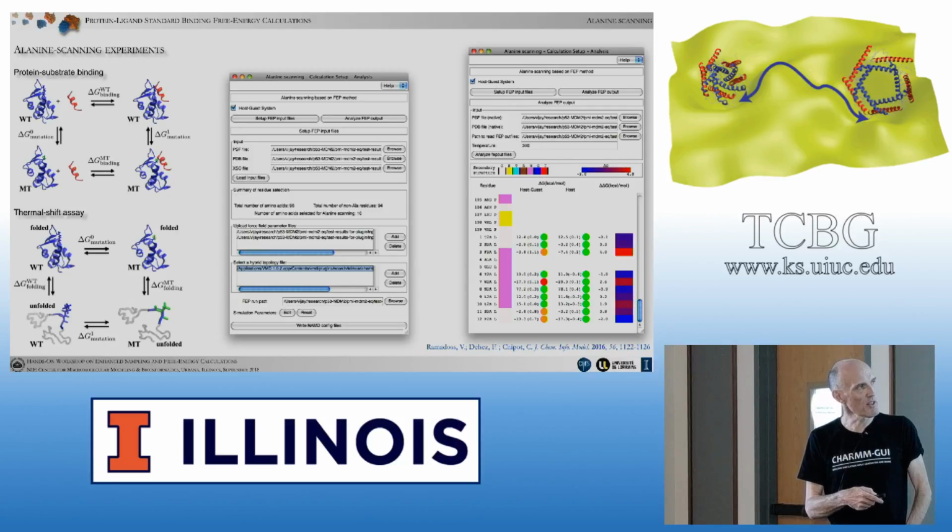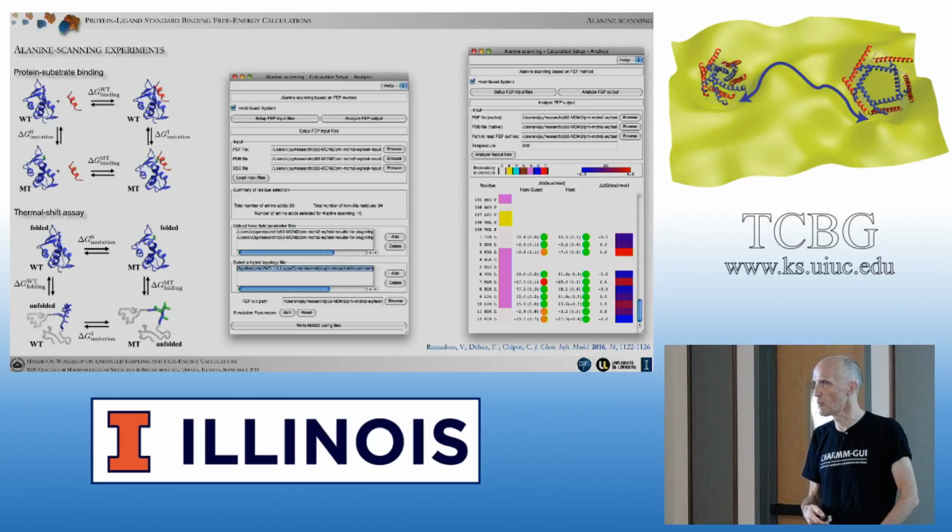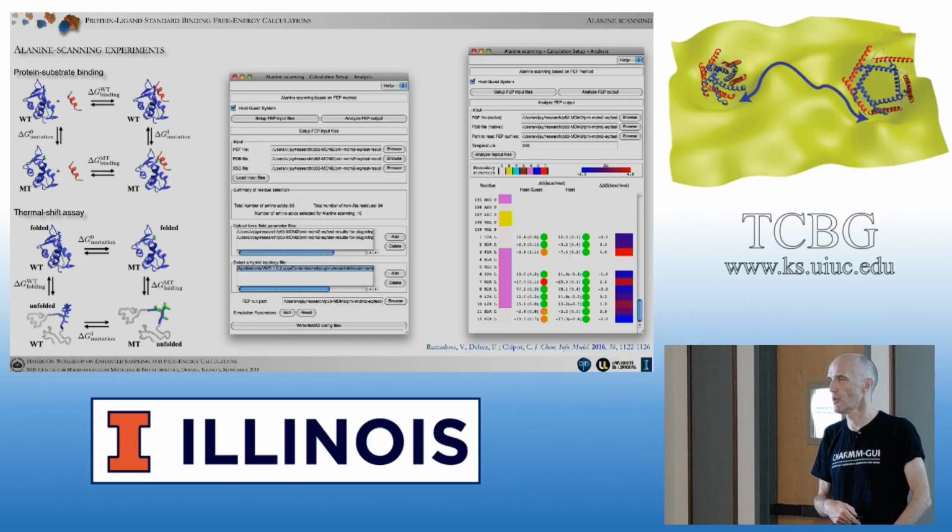These replacements here in dark blue will be favorable, conducive to stabilization of the complex, whereas the one in flashing red means that it's an unfavorable point mutation, or unfavorable replacement by alanine.